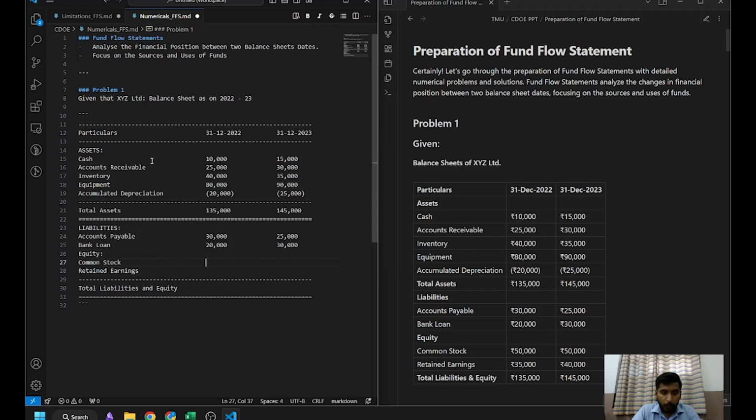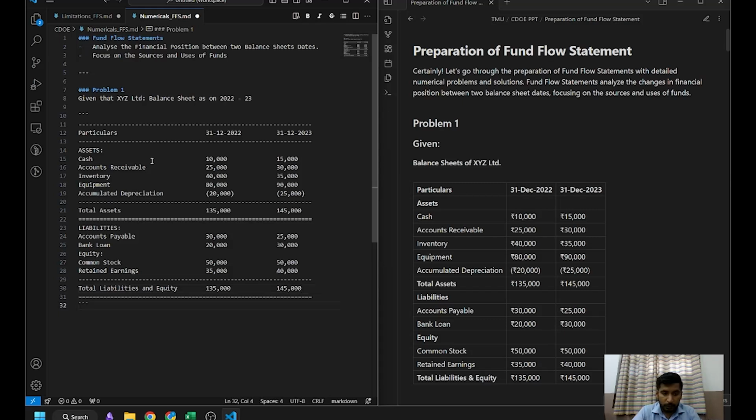Then equity, a common stock of 50,000 for both the years, and the retained earnings of 35,000 for the year 2022 and 40,000 for the year 2023, making my assets and liability side as 1,55,000 and 1,45,000.